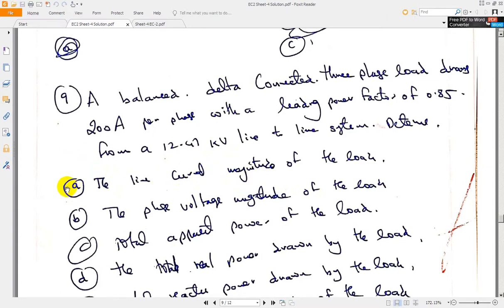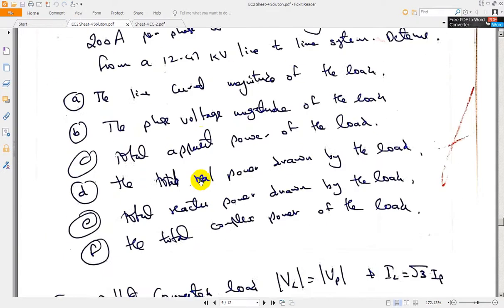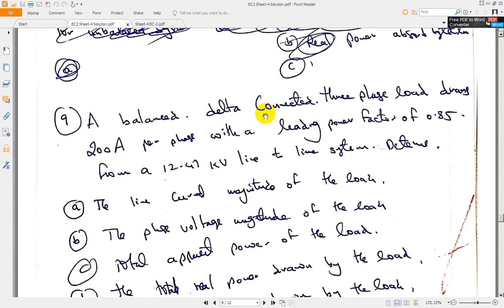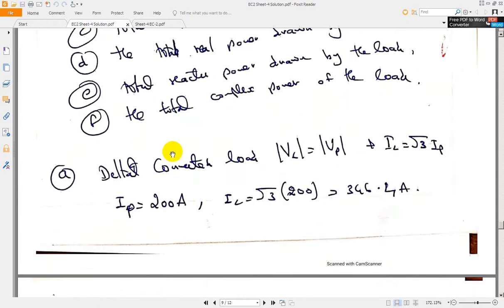Now coming to 9a, we need to evaluate the magnitude of the line current. What is the circuit? It is a balanced delta connected 3-phase load. In a delta connected load, line voltage is equal to phase voltage, and IL is equal to √3 I phase.